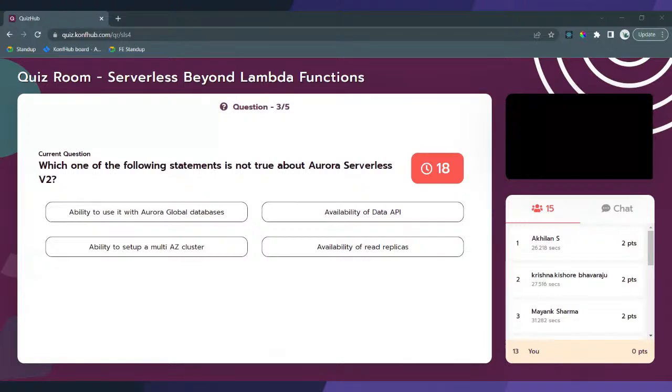Make sure you get it right, as it's the last chance to climb up the leaderboard. Here is the next question. Time's up, and 6 people got the correct answer for this question as well.